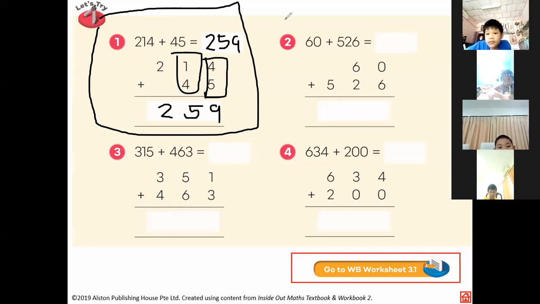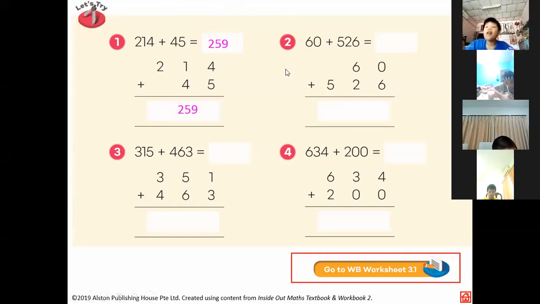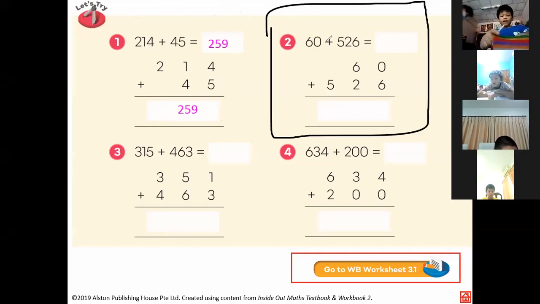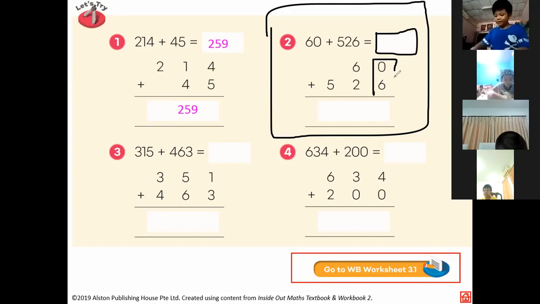Okay, very good. What about for number 2? For number 2, we need to add 0 plus 6.